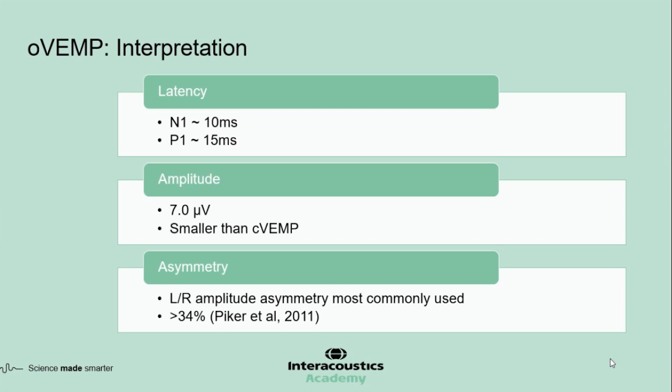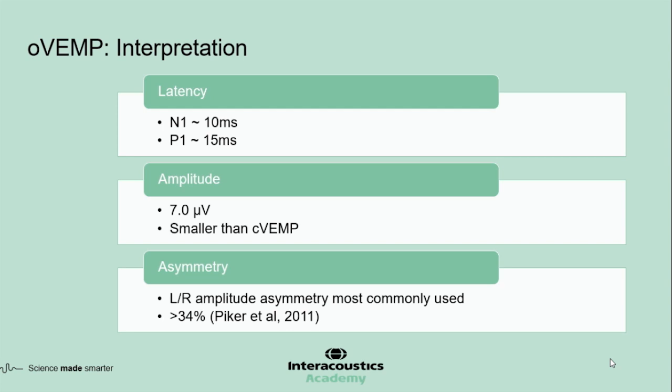However, we will see the oVEMP amplitude typically is on average around 7 microvolts in a healthy adult. It could be much smaller than that. With standard deviation, you could be looking at 2 to 3 microvolts being a normal bottom end measure, and probably up to around 10 to 12 being the upper end normals. It's smaller because the muscle we're recording it from is also smaller.